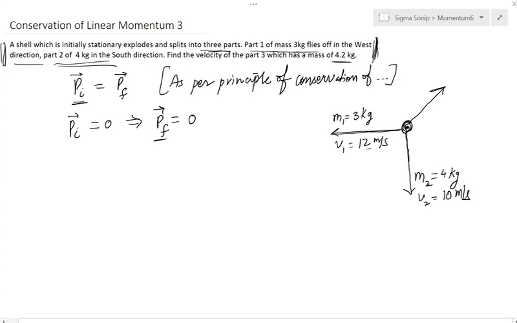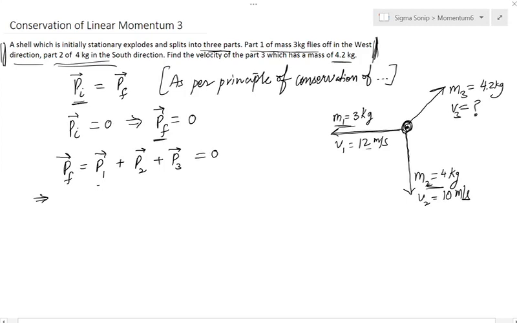So P final, the total momentum after explosion, will consist of three parts: P1, P2, and P3, where P1 is the momentum of mass M1, P2 is the momentum of mass M2, and P3 will be the momentum of mass M3, which is 4.2 kilogram. And the V3 we need to find here. So this P final will have to be 0.